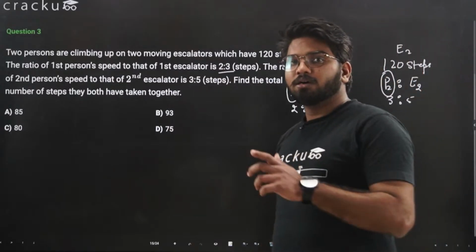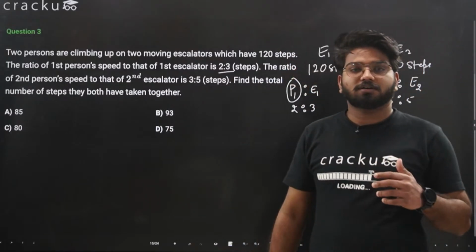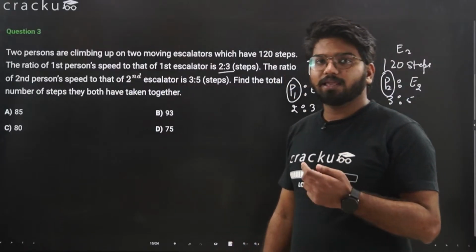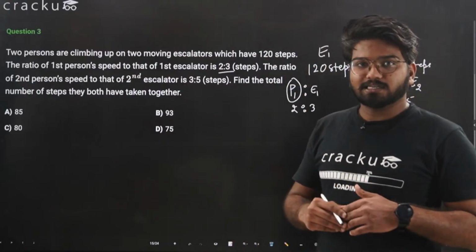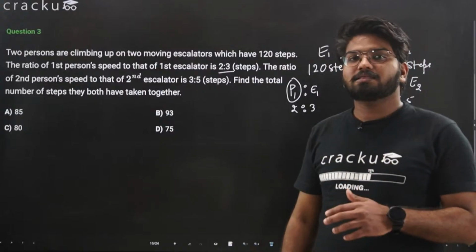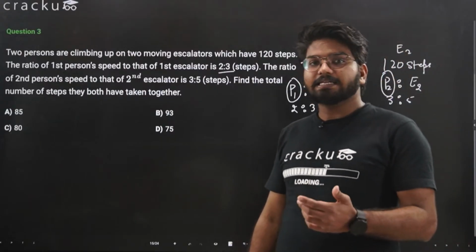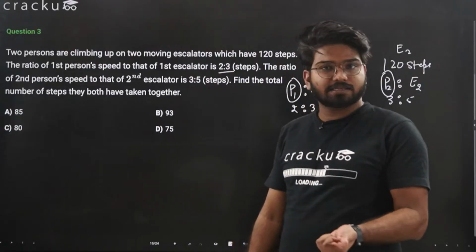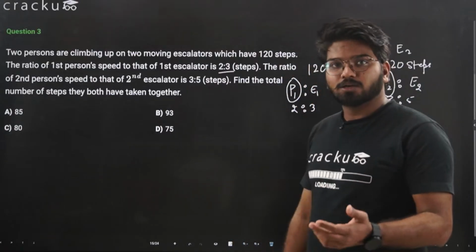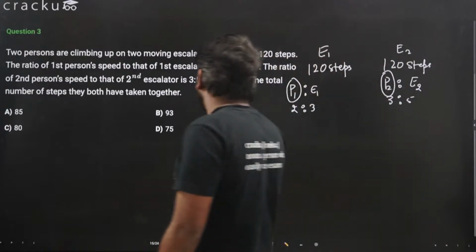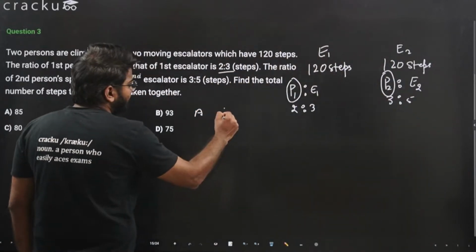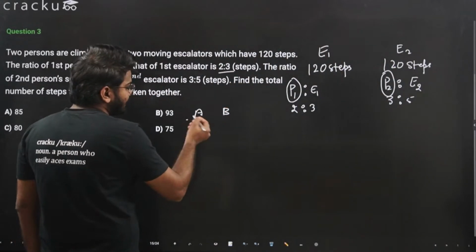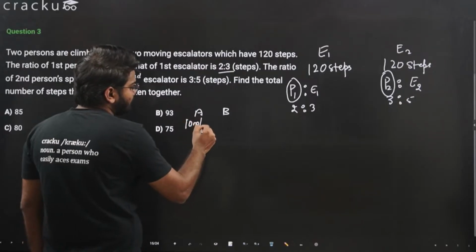Now if you notice, in the beginning only we studied one thing, that the relation of speed and distance is proportional. That is, the ratio of the speeds is equal to the ratio of their distance. Let's say there are two persons, A and B. A's speed is 10 meters per second.